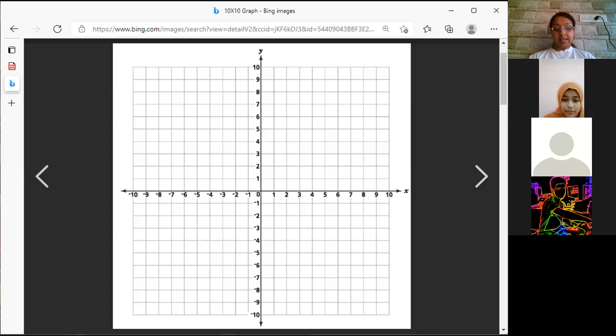Yes, teacher. See, when we were small, we used to make graphs with X and Y axis.